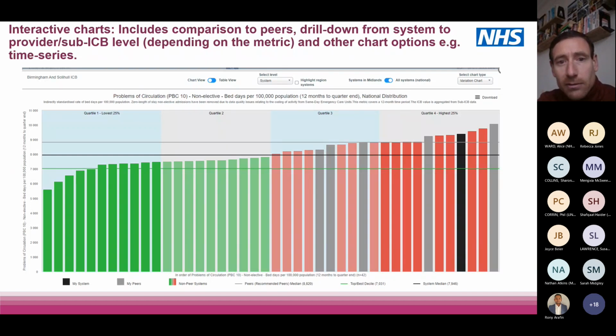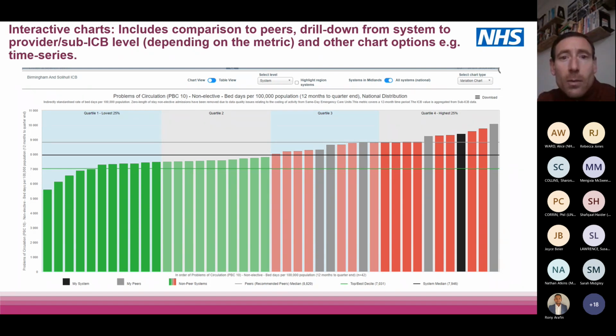This is the variation chart view, but there's also a time series view, and depending on metrics, you can view funnel plots or SPC charts. This is the system level benchmarking, but if you look towards the top and the middle, there's a select level box, so you can change that to be CCG or provider, depending on the metric, what you can drill down to.